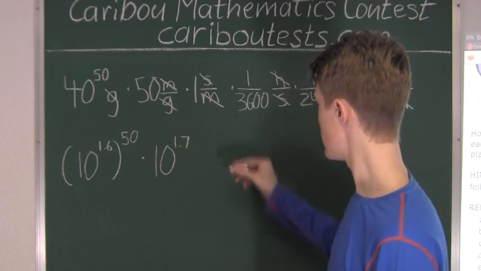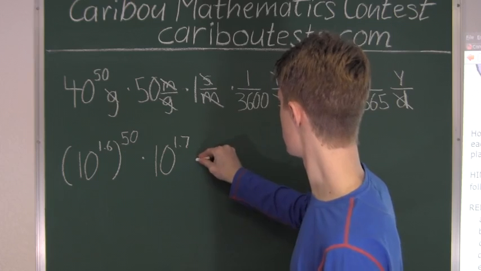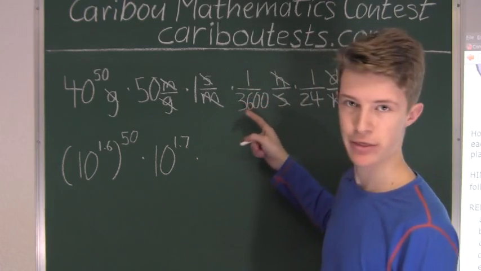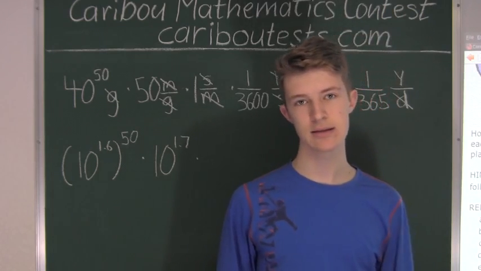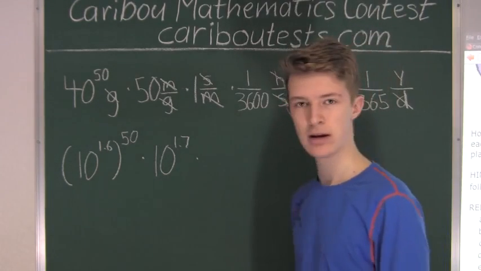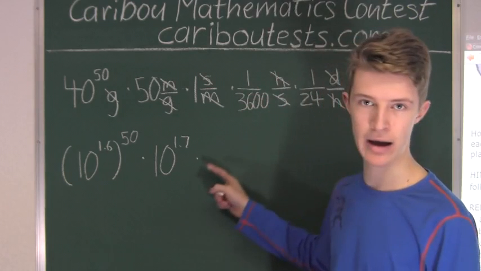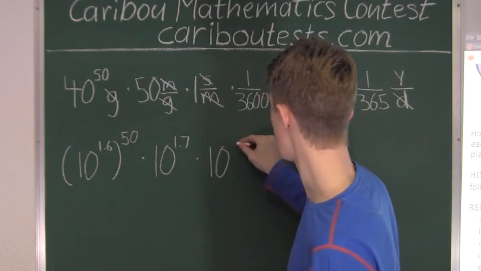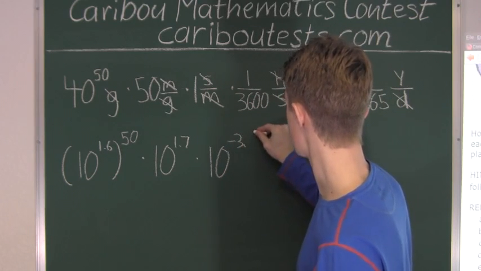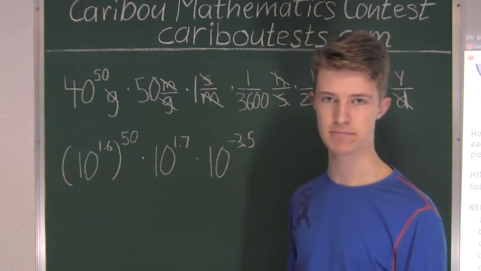Okay. Now we have 1 over 3,600, and 3,600 is 10 to the power of 3.5. Instead of writing 1 over that, we will just write 10 to the power of negative 3.5, because that means the same thing.